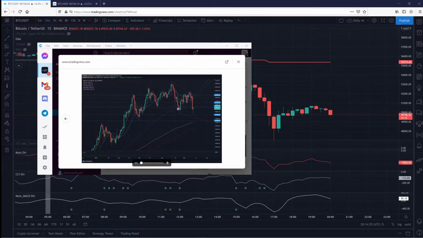As soon as there's a close below this low here, then you have a 1, 2, 3 bearish move. So if we get a close below, I don't know what that is, probably around 50,000, or 48, no, not 48, 49,000 maybe. If there's a close below whatever this low bar is, then I would be operating with a bearish bias because the price will have broken the prior market structure.